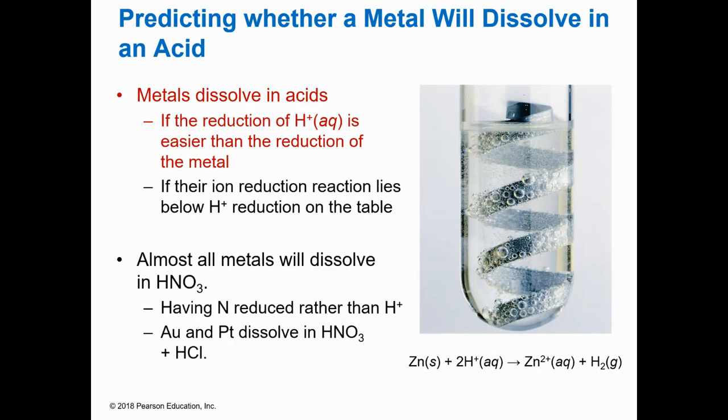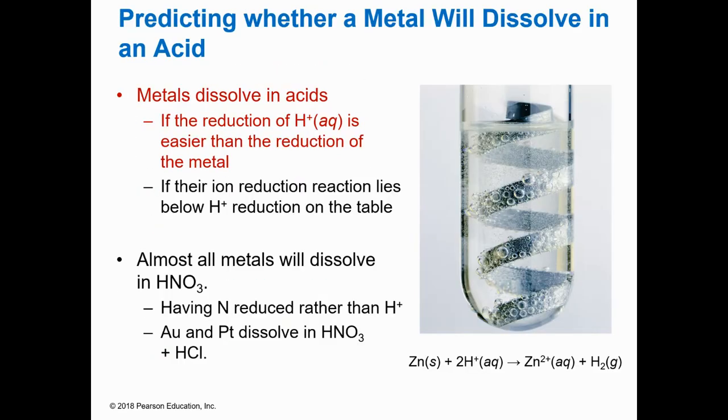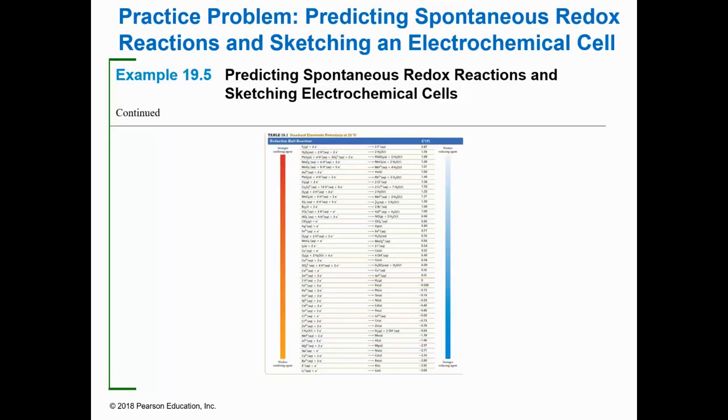All right, so predicting whether metals will dissolve, you have to use a reactivity chart. But if the reduction of hydrogen is easier than the reduction of the metal, then it will dissolve. Okay, and most metals dissolve in acid. And the way to tell, if you look on the chart, hydrogen is here at 0.